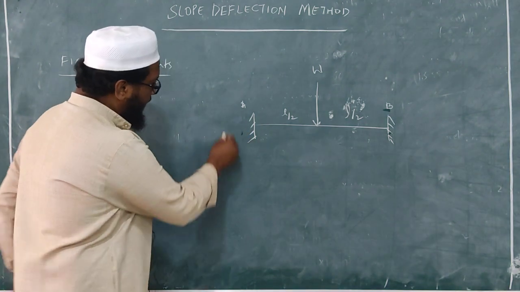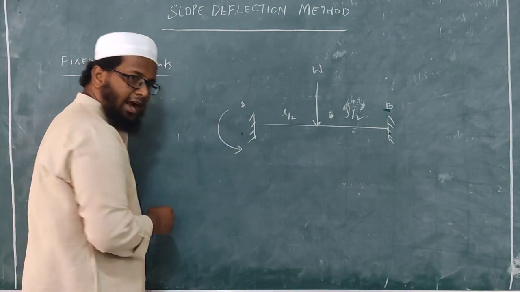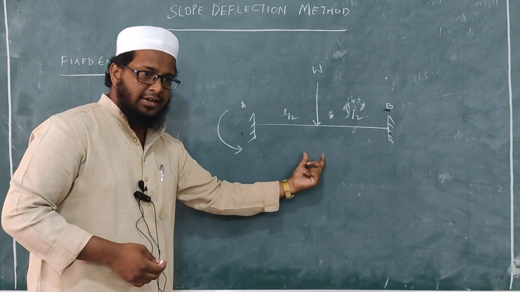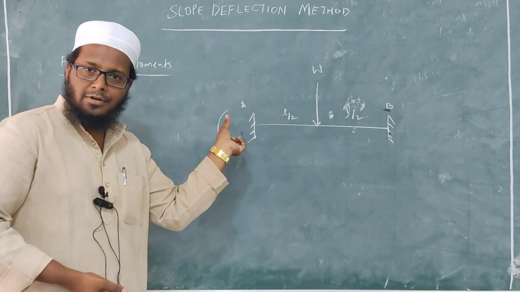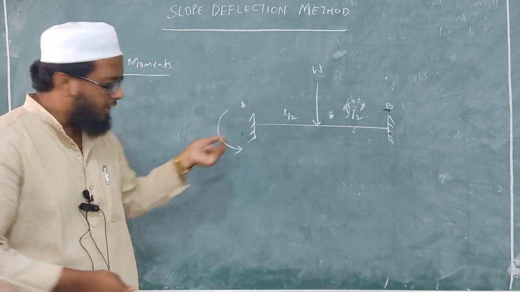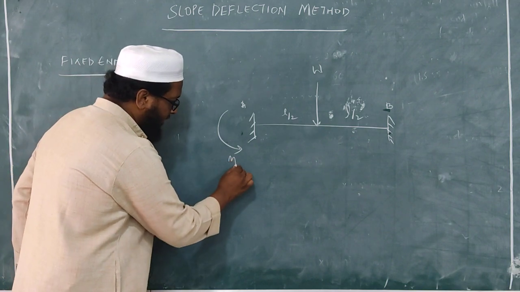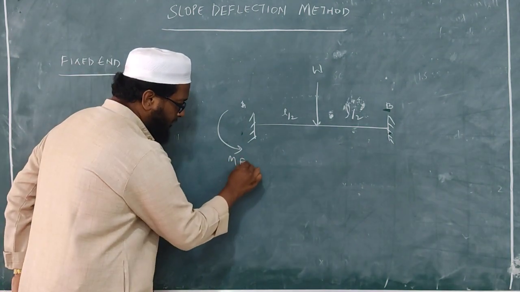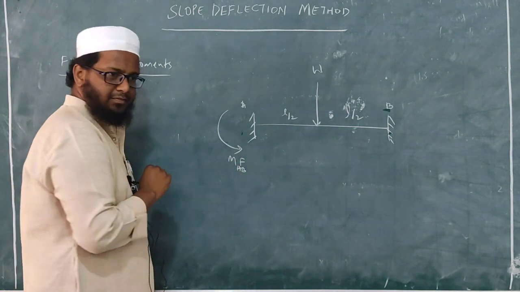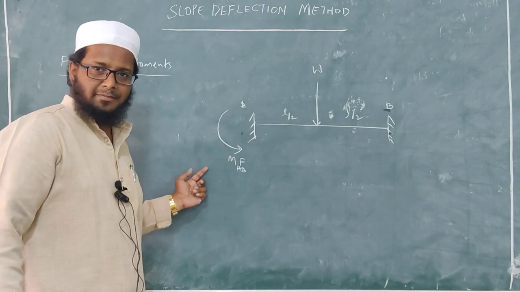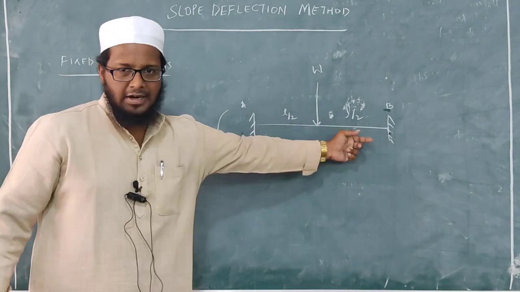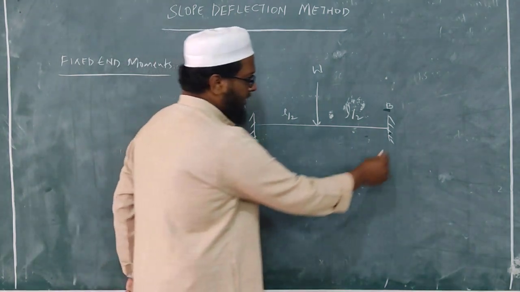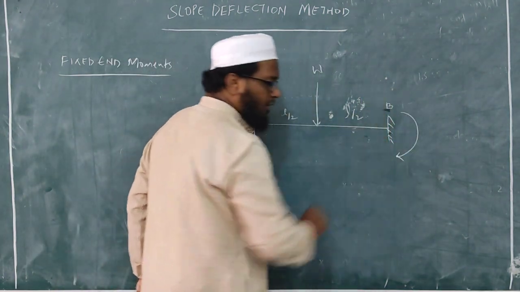Support A will create an anti-clockwise moment. The beam is going in the downward direction, and to resist that, it will try to create an anti-clockwise moment. That is MFAB, the fixed end moment at AB. At the same time, this support will create a clockwise moment.